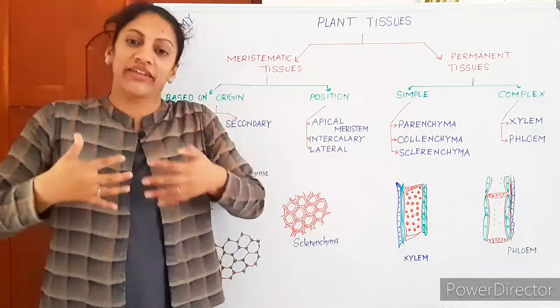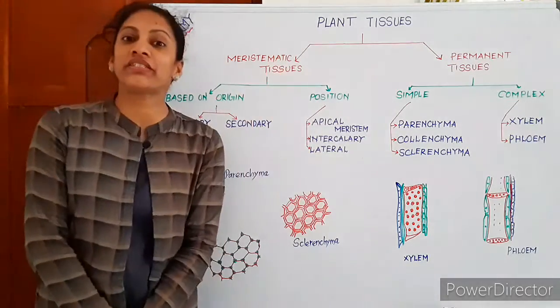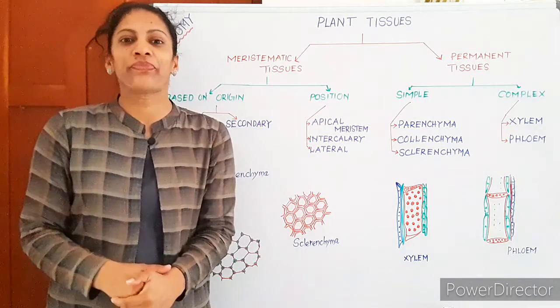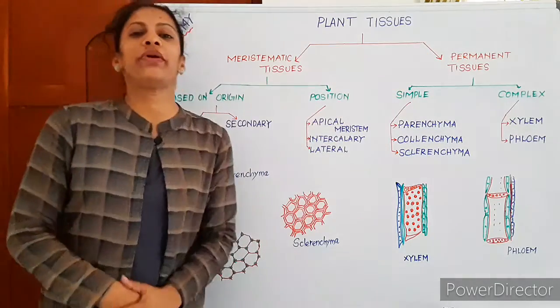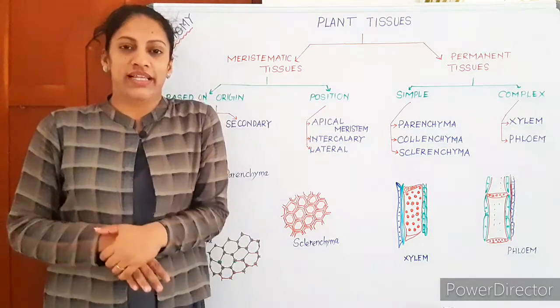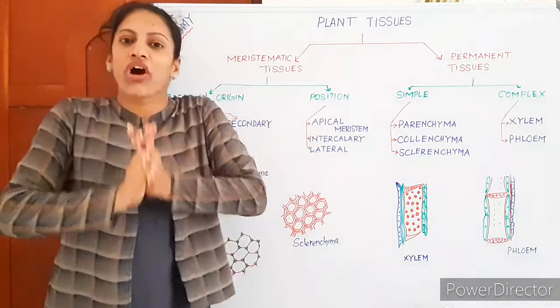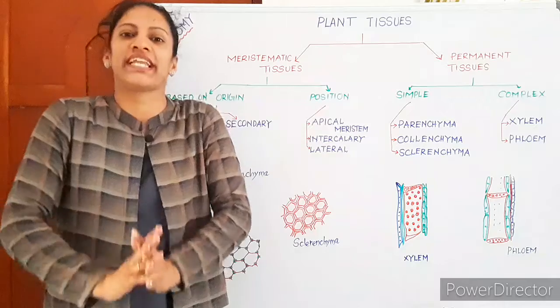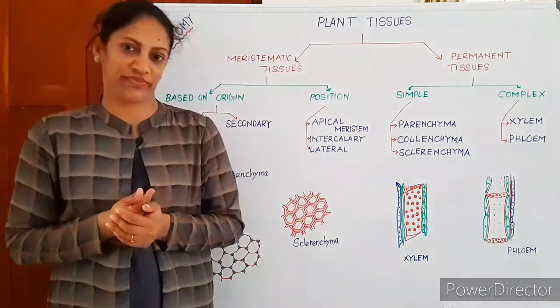They can divide and increase in number. Whereas permanent tissue consists of cells which have arrested cell division and are no more capable of cell division. They are permanent to carry out certain functions.